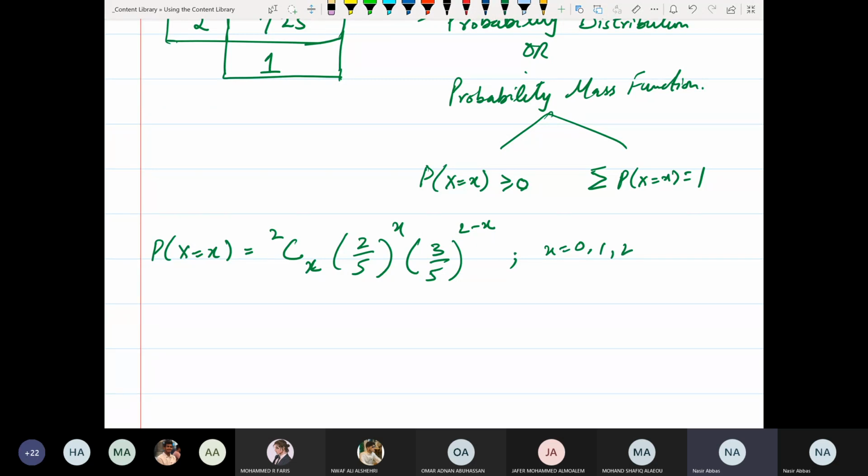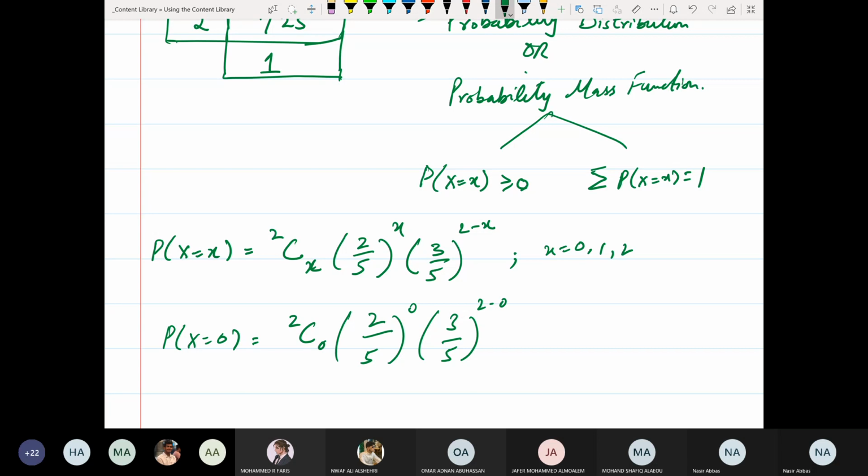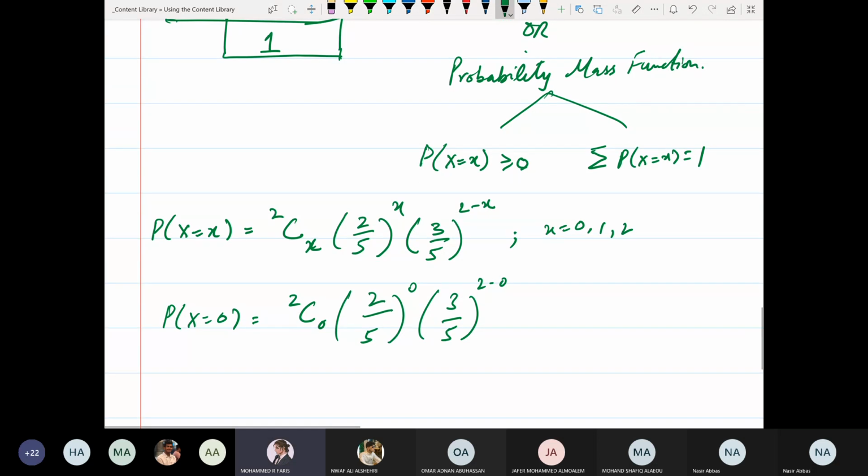Now, if you put x equals 0 in this function, tell me what do you get? X equals 0 is 2 combination 0 multiplied by 2 over 5 to the power 0 multiplied by 3 over 5 to the power 2 minus 0. So you get 9 over 25.